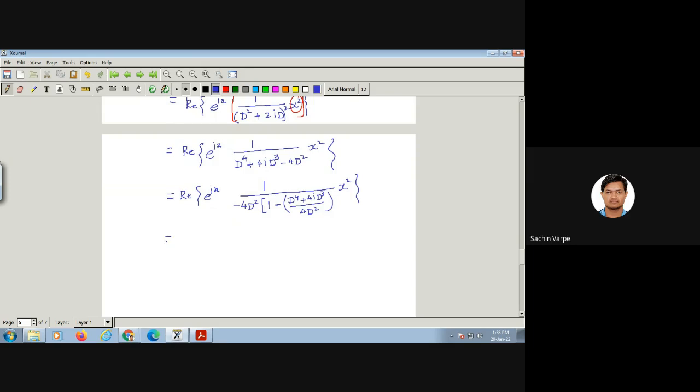So that can be written as real part of e to the power ix into, पहले तो मैं इसको लिखता हूँ -1/4d² और इसको 1/(1 minus), when I take, तो ये क्या होगा, d² plus 4id upon 4x². ठीक है, so this is our p, this bracket is our p.